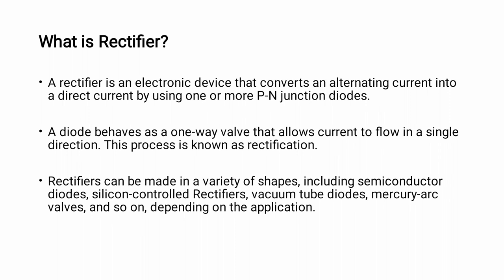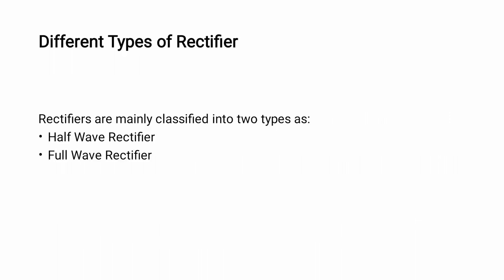And these rectifiers can be made in a variety of forms, including semiconductor diodes, SCRs and vacuum tubes, depending on their applications. Now, these are the different types of rectifier. It is basically classified into two types. Number one is the half wave rectifier and number two is the full wave rectifier.